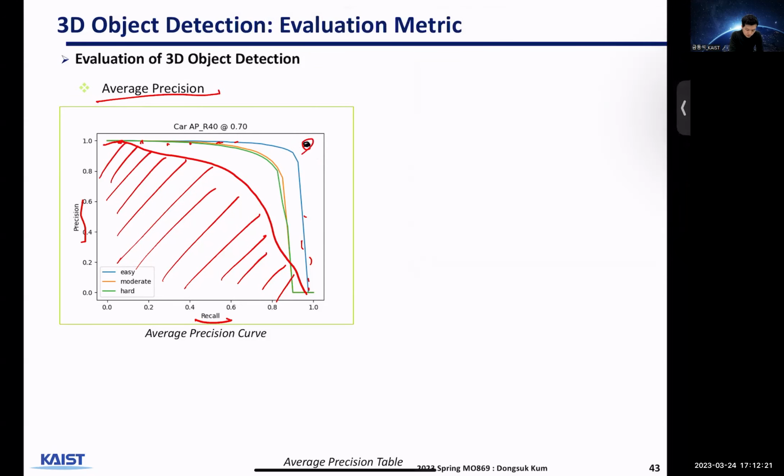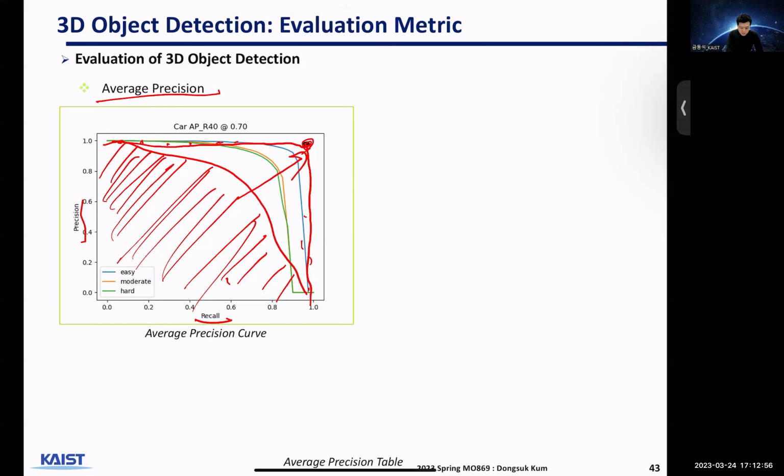So you want your model to reach this point, okay? Then it's a perfect model, but it's very unlikely that we will be able to achieve this point. It will be somewhere close to that point. So maximizing this area will be achieved by pushing this boundary to that point. Okay, that's the idea of average precision.